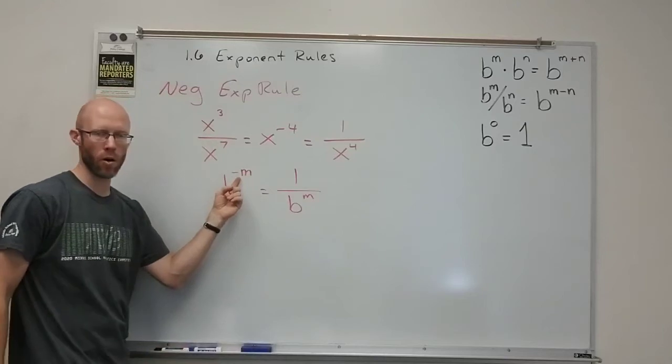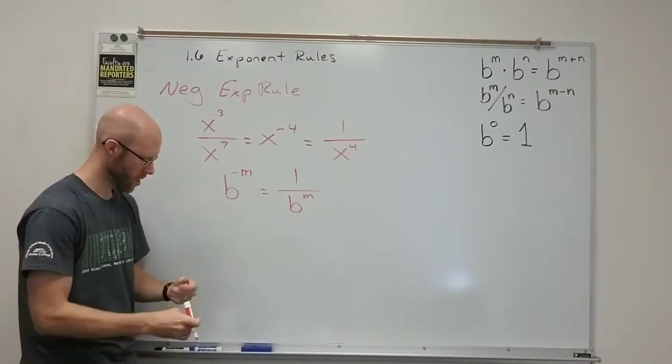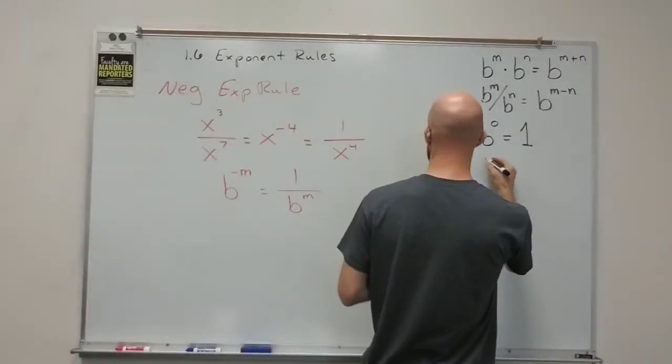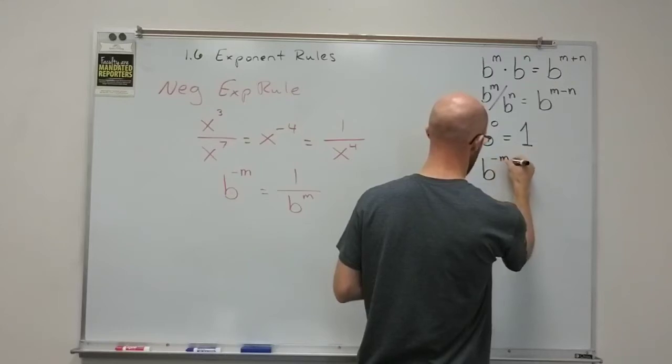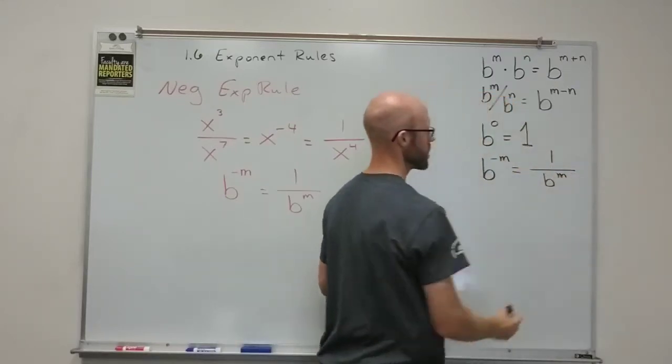Okay, so a negative power becomes positive on the bottom. All right, so let me write that up here: b to the minus m equals 1 over b to the m.